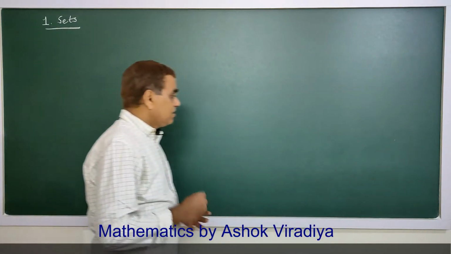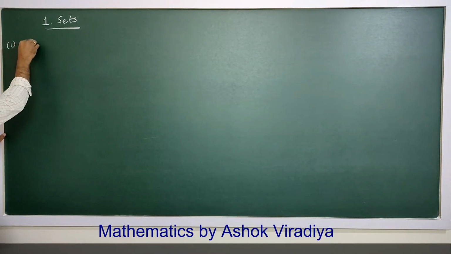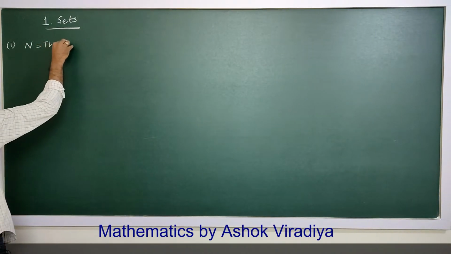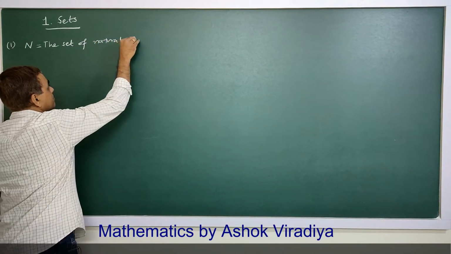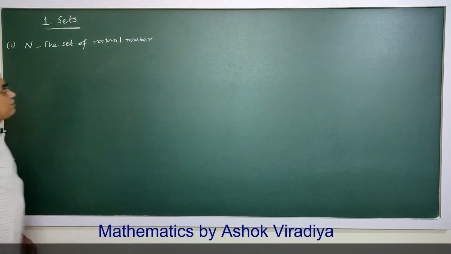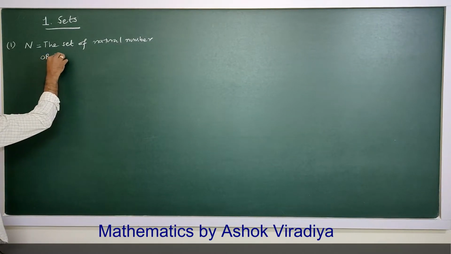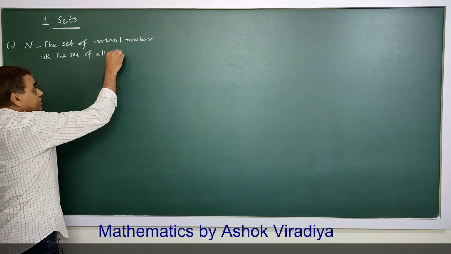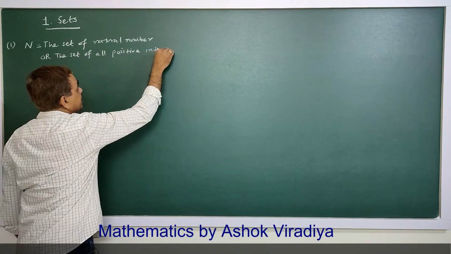You know that the first set I am taking is N. This is the symbol for the set of natural numbers. N is the symbol which is used for the set of natural numbers, or the set of positive numbers, the set of all positive integers.